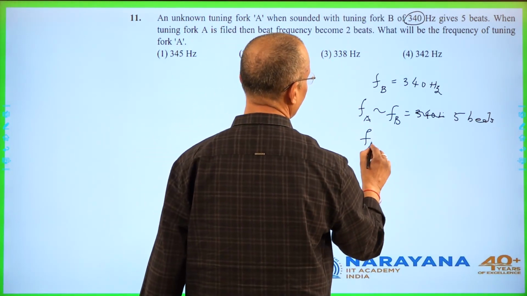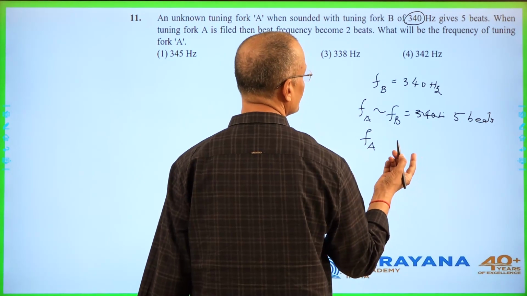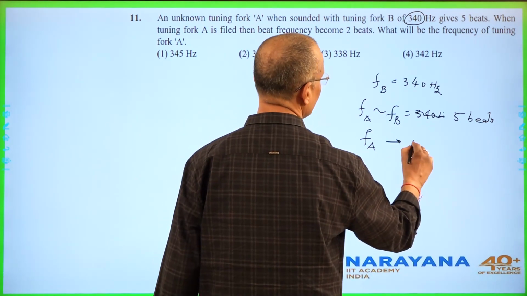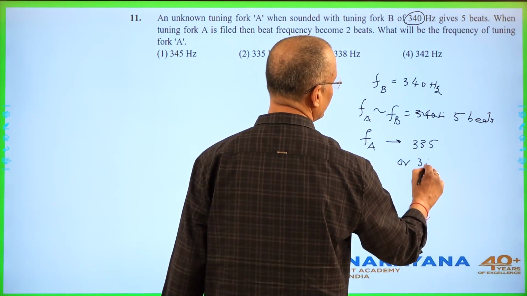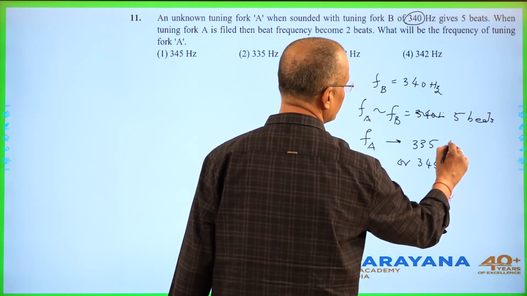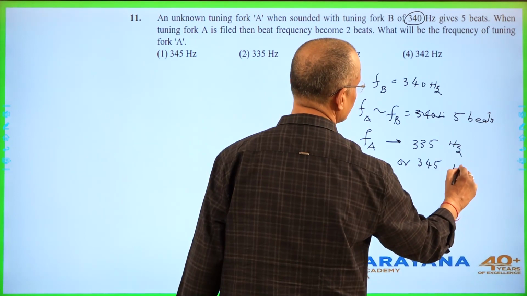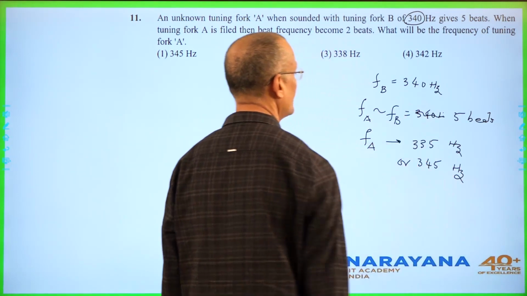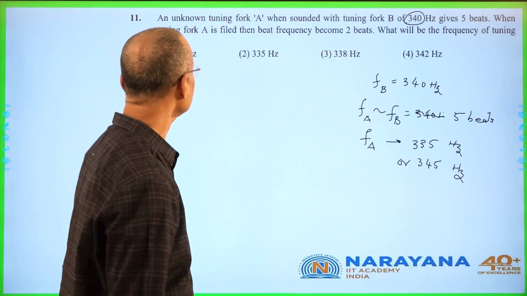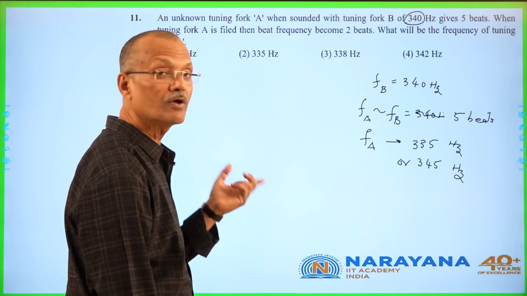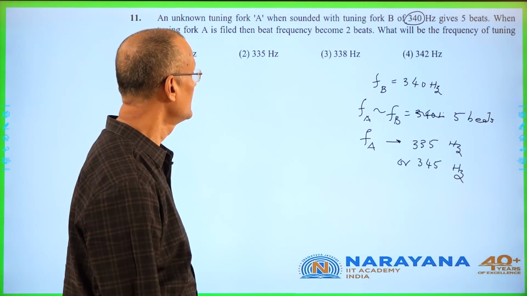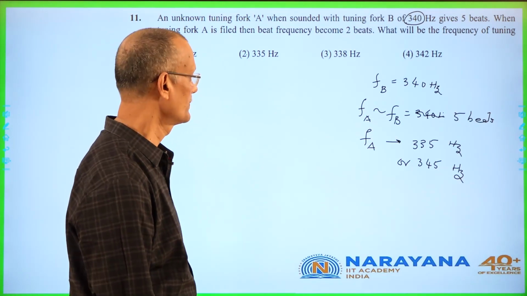If you want FA, it will have only 2 values. Either it will be 335 or it will be 345 Hertz. Let us think what happens. When tuning fork A is filed, its frequency should increase.